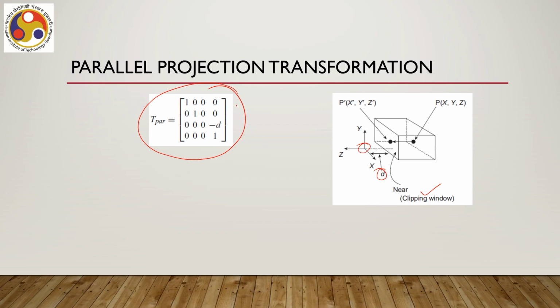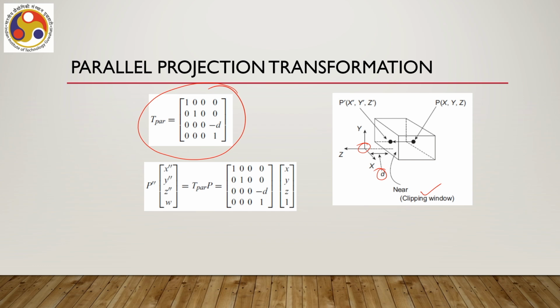So, we have such a representation in a 4 by 4 matrix, and to get a projected point on this clipping window, we need to have this point vector defined in the 3D view coordinate system. We multiply it with the projection matrix to get this transformed point in the form of a point vector.